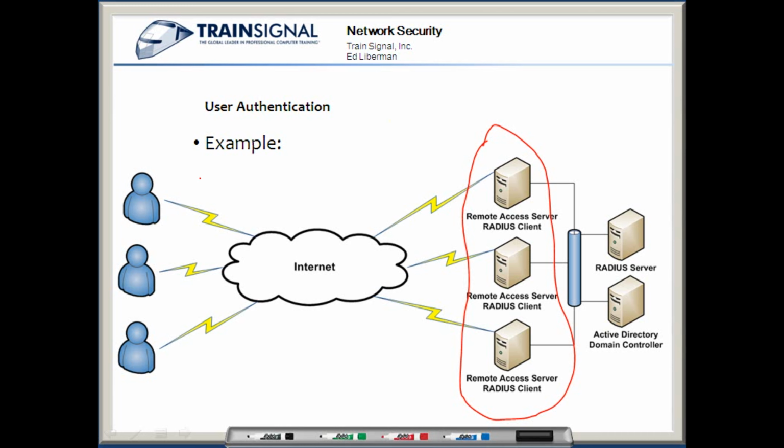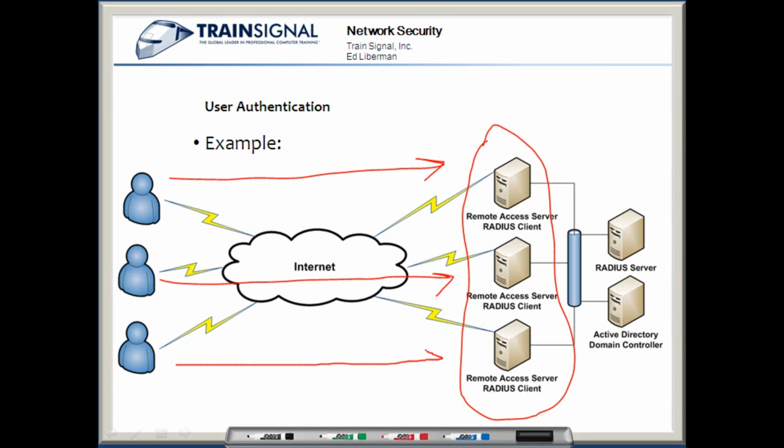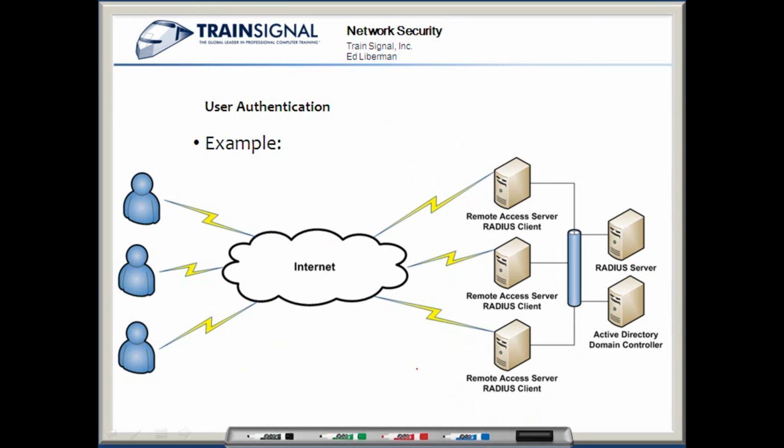Or maybe we have one group of users who are going to connect to one specific remote access server, and another pool who's going to a different remote access server, and another pool that's going to a different remote access server. Well, there's a number of different ways of setting this up, but the bottom line is you have multiple remote access servers, so those remote access servers will be configured as what's called Radius clients.